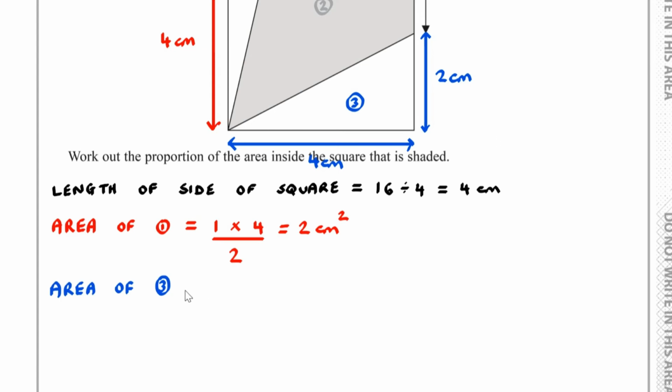The area of 3, we've got 4 times by 2 over 2, which is 4 centimeters squared.